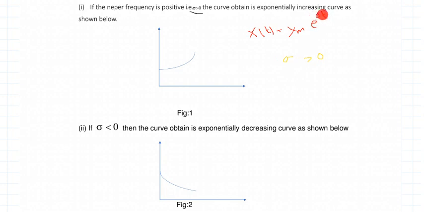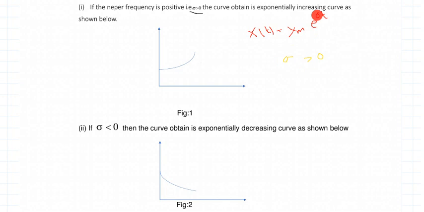So when we have an exponential term with a positive power, how is the exponential curve? Definitely the exponential curve is exponentially increasing, because you have an exponential term with positive powers here. Sigma greater than 0 indicates that sigma has positive values.